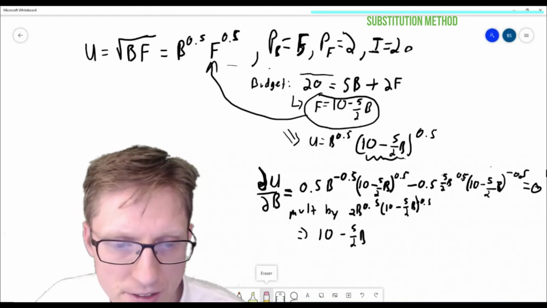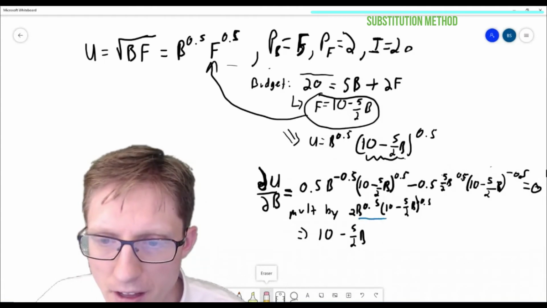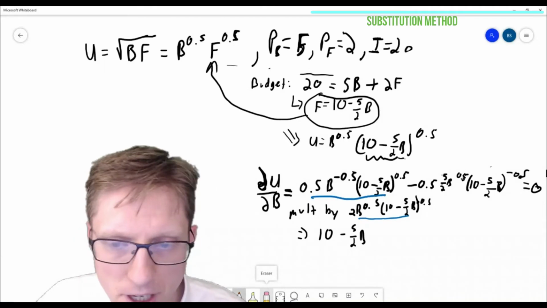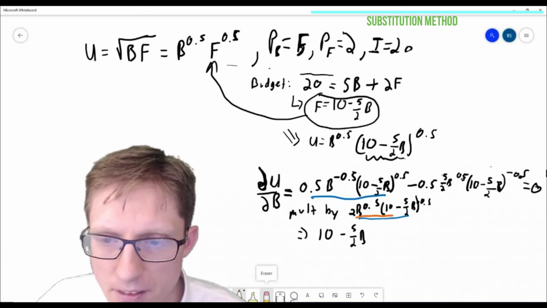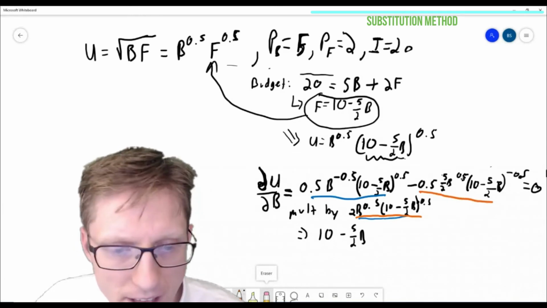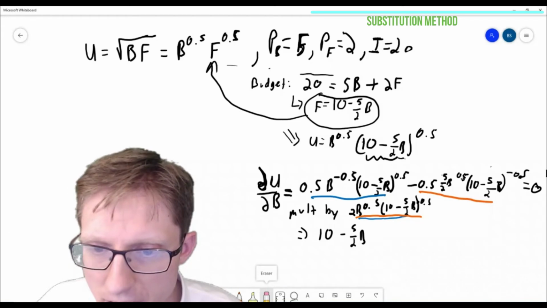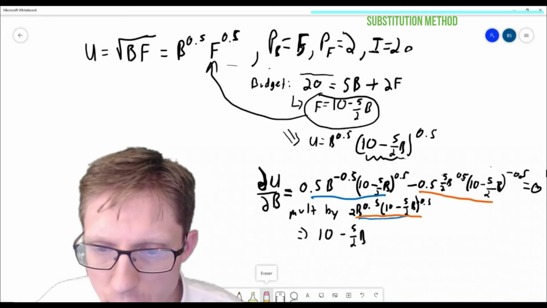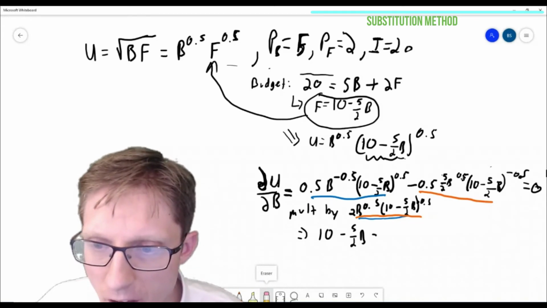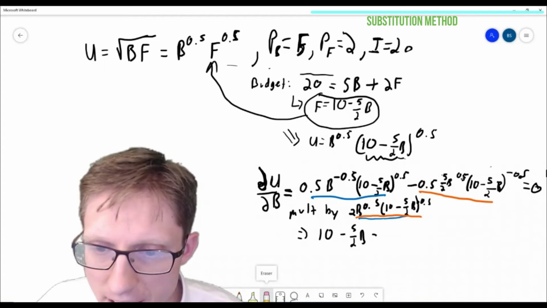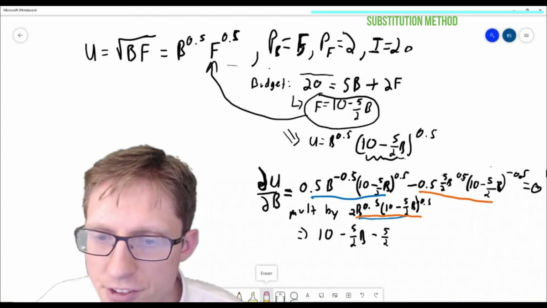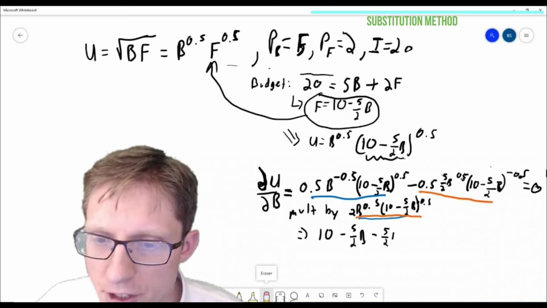So that's basically, we multiply this by this, that's what we get. And next we're going to multiply that same thing, this, by the second half. And the 2 is going to cancel the 0.5. The 5 halves is going to stay. b to the 0.5 times b to the 0.5 is just b.